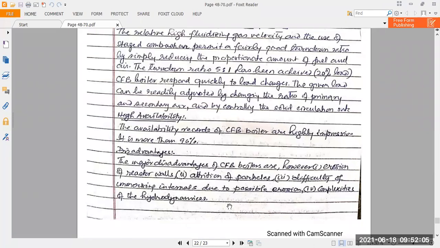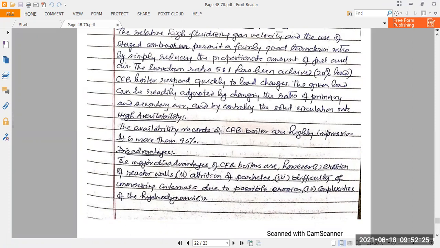But what are the disadvantages? In CFB boilers, there is erosion of the reactor walls, which quickly corrode the interface.